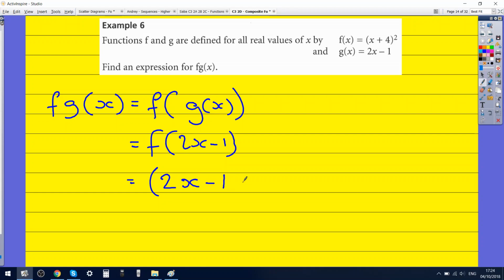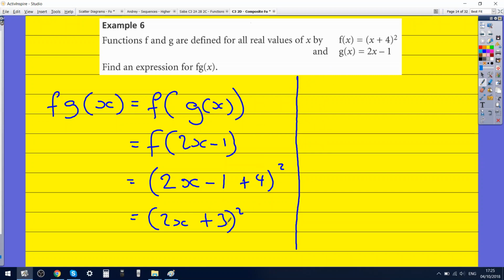Yeah, and so you'd get 2x minus 1 plus 4, all squared. Simplify. Four x squared minus 5? Okay, so 2x plus 3, all squared.